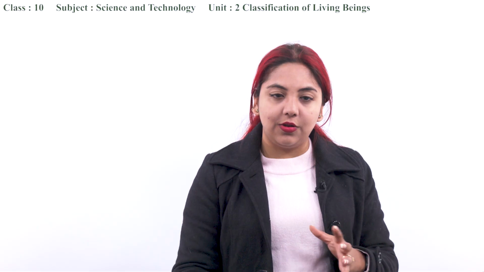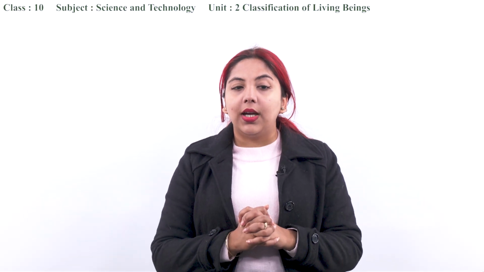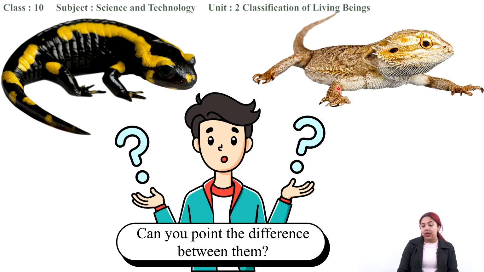Now let me ask you guys a question. When you look at these two organisms, can you point out any difference between them? Yes, you can see that this organism is a newt, and its skin is moist. But this is a bearded lizard. It has scales all over its body, dry horny scales.